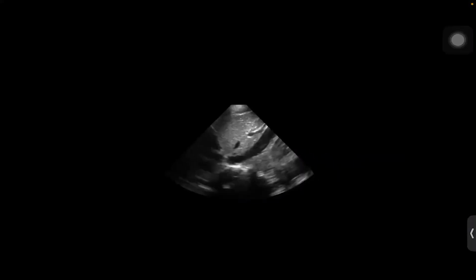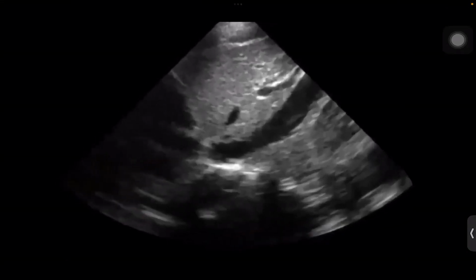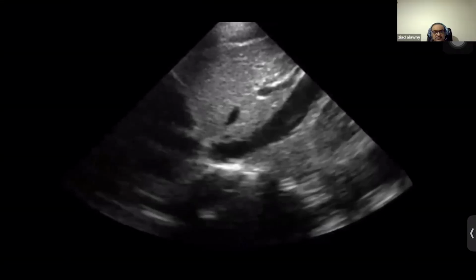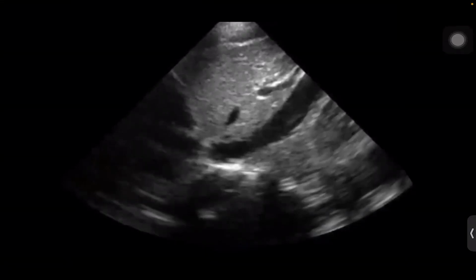Okay, this patient, can you see what it is? What image is this? Ultrasound IVC. Wonderful. So this is an IVC ultrasound. This is a patient who came to the hospital after falling from height, and the patient had a cut injury on his arm, so he had bled a lot.